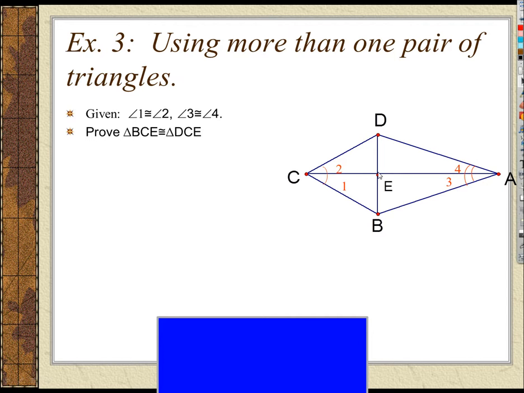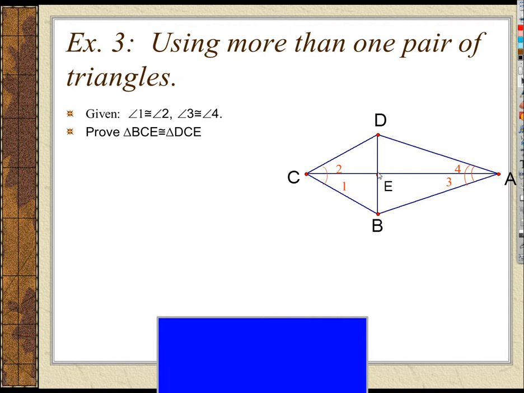I could let you struggle with this for a little while. But what's the only other piece that we could get? They share a side, don't they? They share side CE, but that's it. There's nothing else we could get. And so we'd be stuck. If we just left it at that, we'd be stuck.